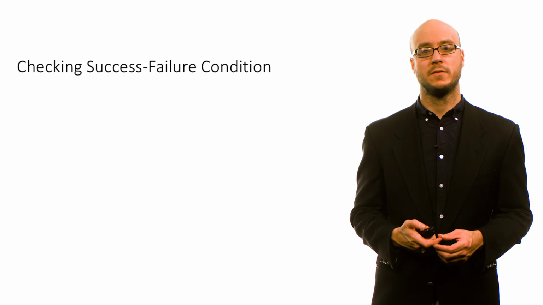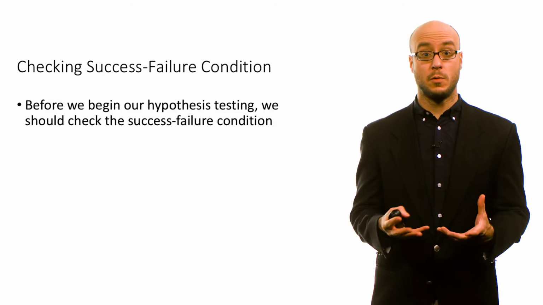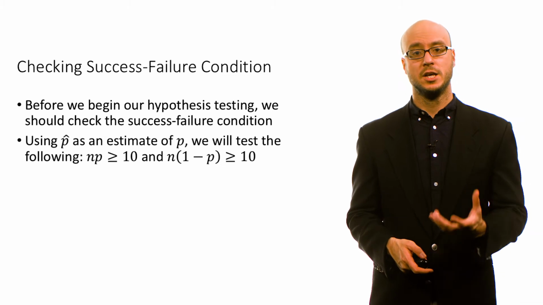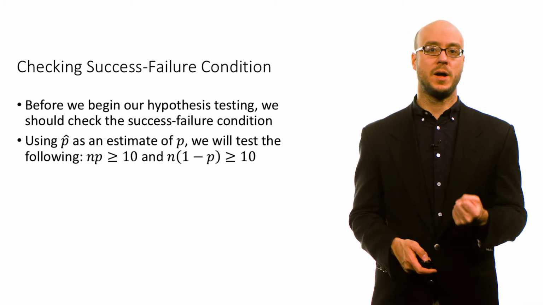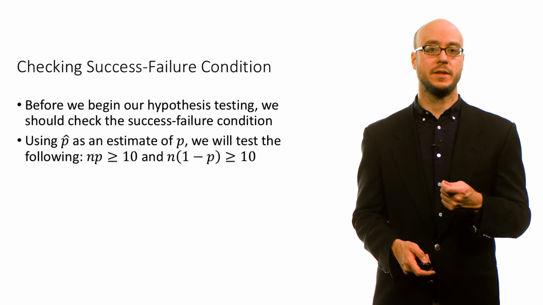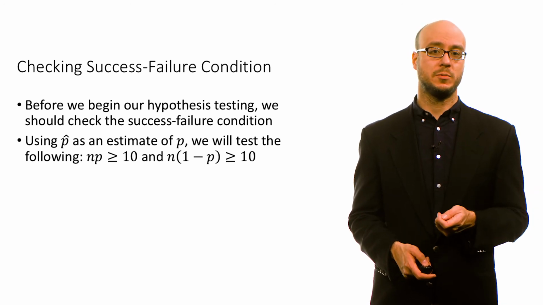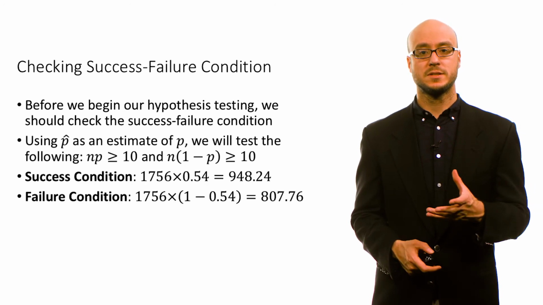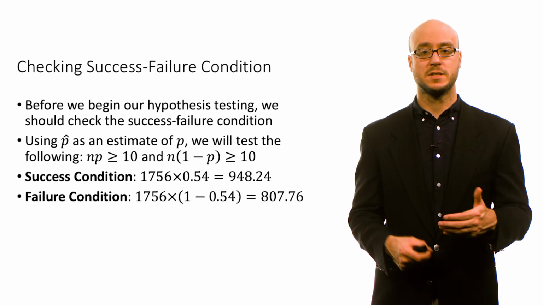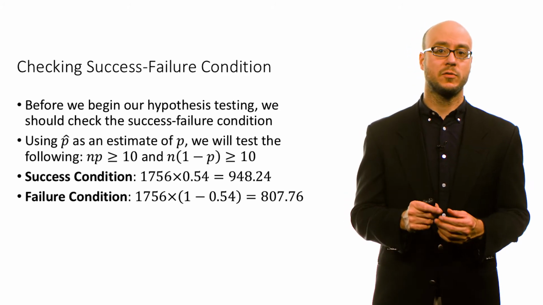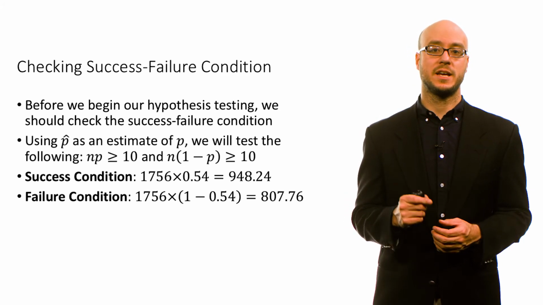Now we're going to check the success-failure condition before we begin hypothesis testing. Using p hat as an estimate for the population proportion p, we want to check that n times p is greater than or equal to 10 and n times 1 minus p is greater than or equal to 10. The expected number of successes for this sample size is about 948, and the expected number of failures is 808.